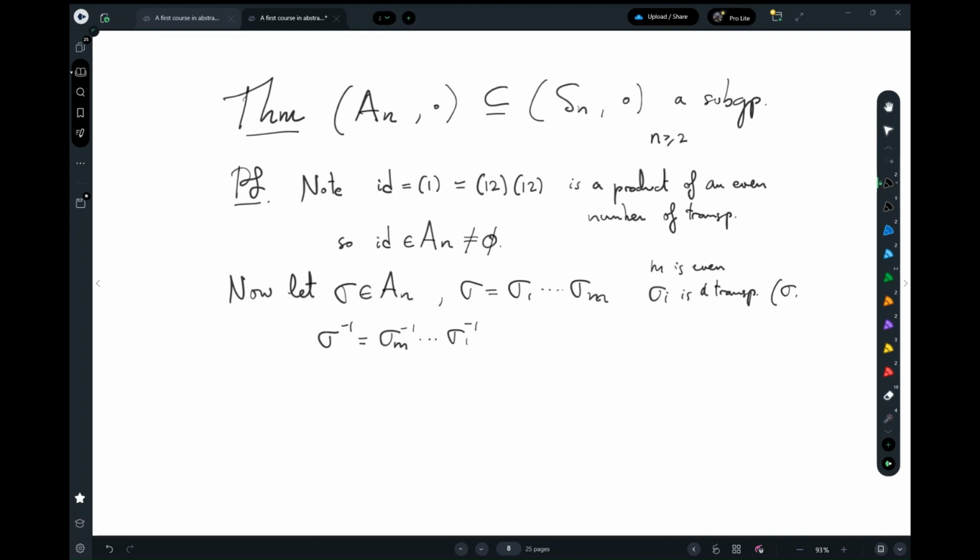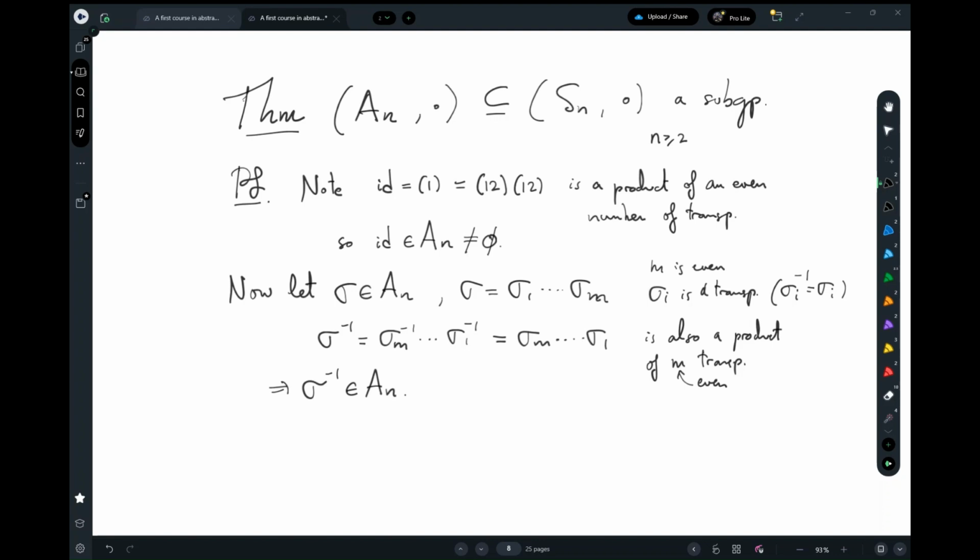These are transpositions, so their inverses are themselves. And therefore, this is sigma m times up to sigma 1. It is also a product of m transpositions that is even, and therefore sigma inverse also has an expression as an even number of transpositions. So it is also in An.